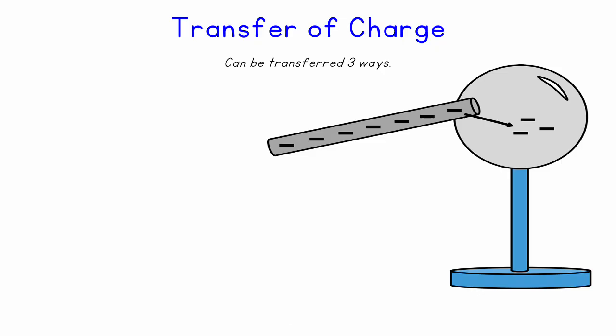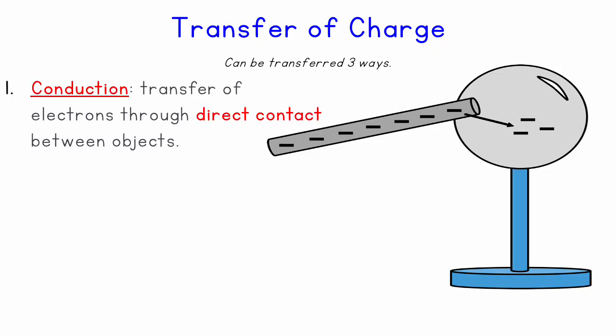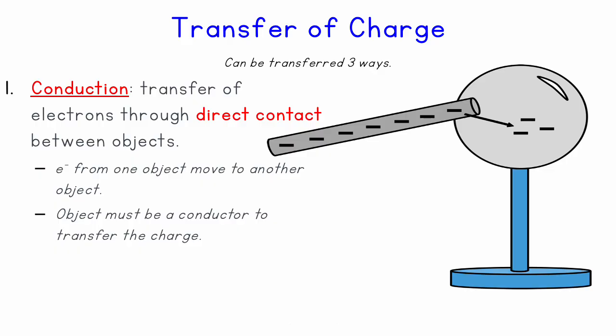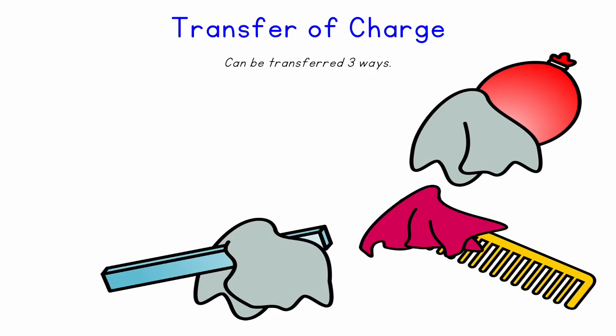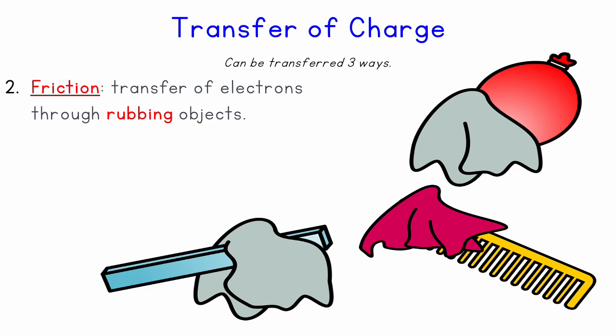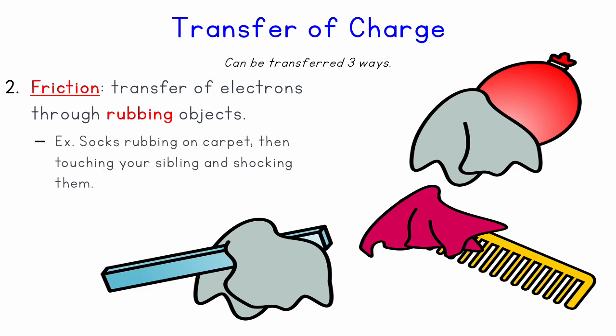There are three ways in which charges can be transferred. The first is through conduction, which is the transfer of electrons through direct contact between objects. Electrons from one object move to another object. The object must be a conductor to transfer the charge. Second, we have friction. This is the transfer of electrons through rubbing objects.